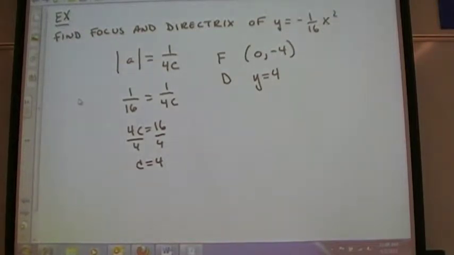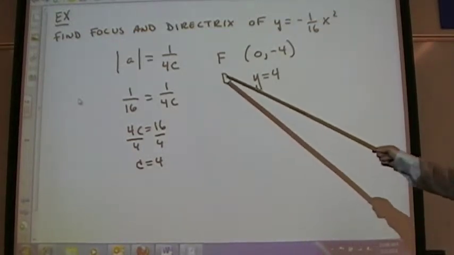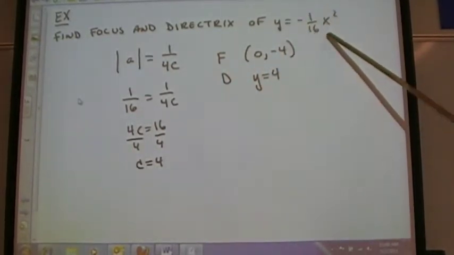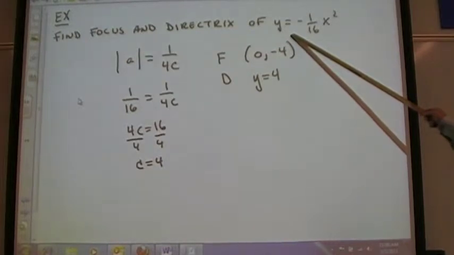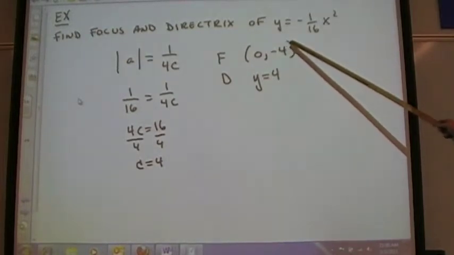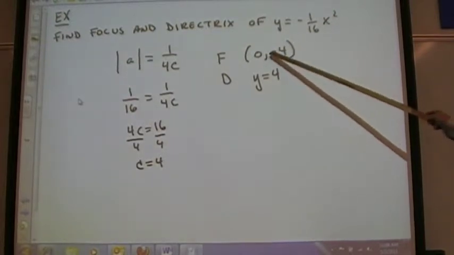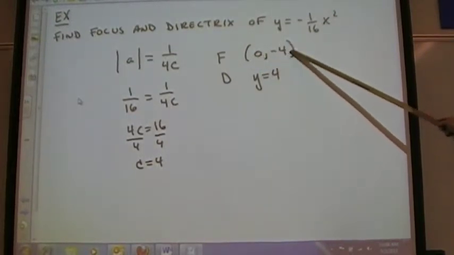Okay? And once you get c, you use what you came up with 2 slides ago with the focus and directrix. The focus has to be (0, negative 4), because which way is this opening? Down. It's going down because it's y equals negative, so it's going down. So the focus has to be at (0, negative 4).